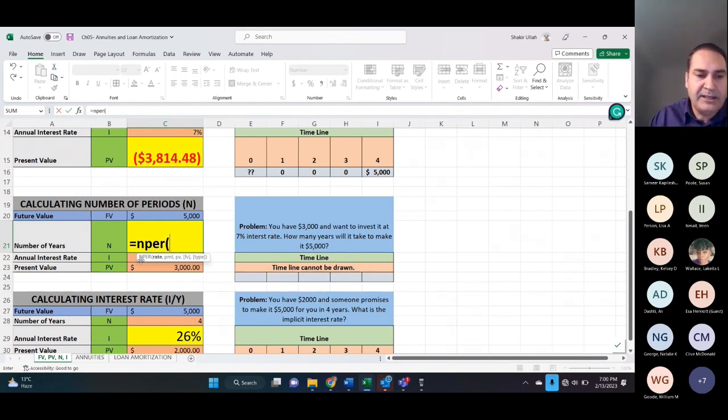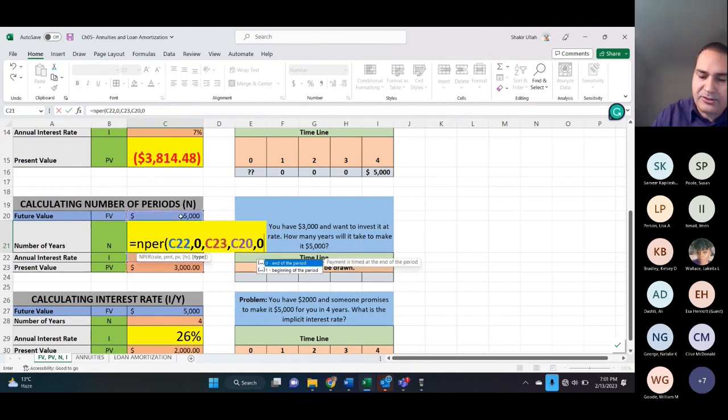So the first one is rate, and rate is right here in this cell, comma, payment. Same thing, we don't have any interim payment, so that payment would be zero, comma. It is asking for the present value. And present value is 3,000 right here, and comma future value, and future value is 5,000 right there, and comma type, so the type again is zero.